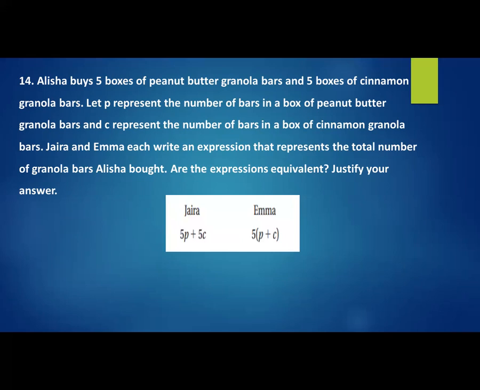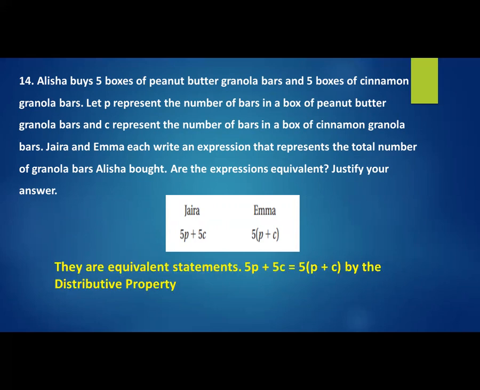Jaira wrote 5p plus 5c, because 5 boxes of peanut butter and 5 boxes of cinnamon. And Emma wrote 5 times (p plus c). So 5 is common. Using the distributive property, both are equivalent because 5p plus 5c can be written as 5(p plus c).